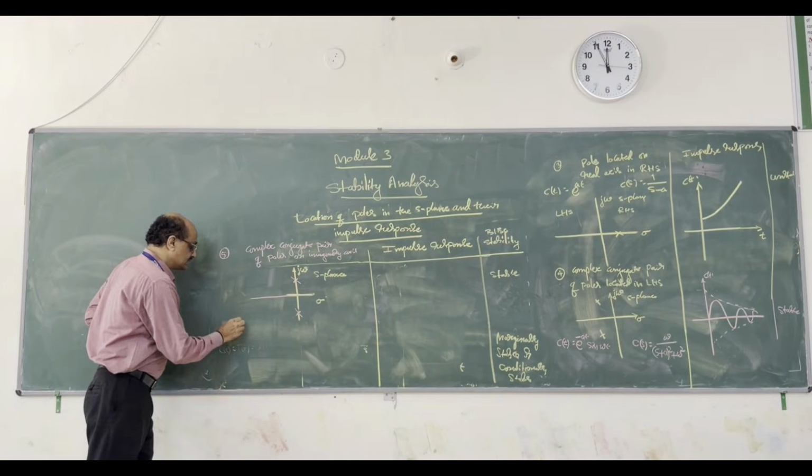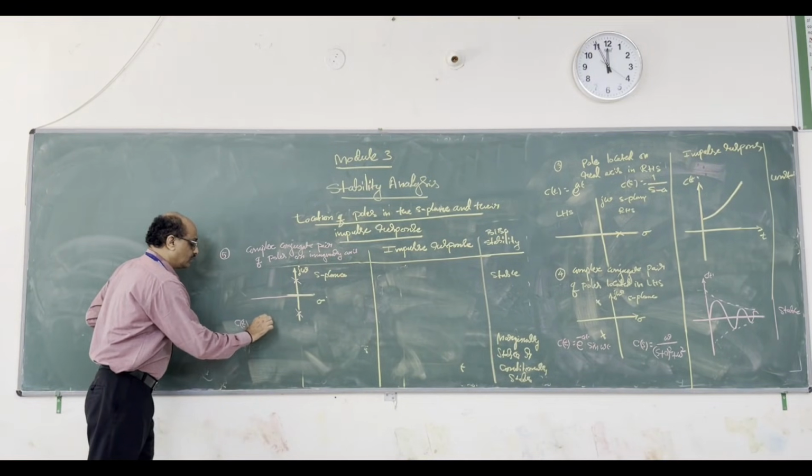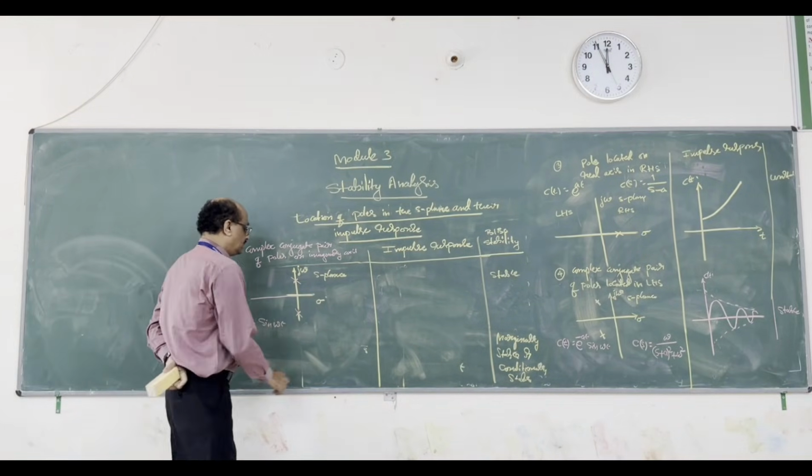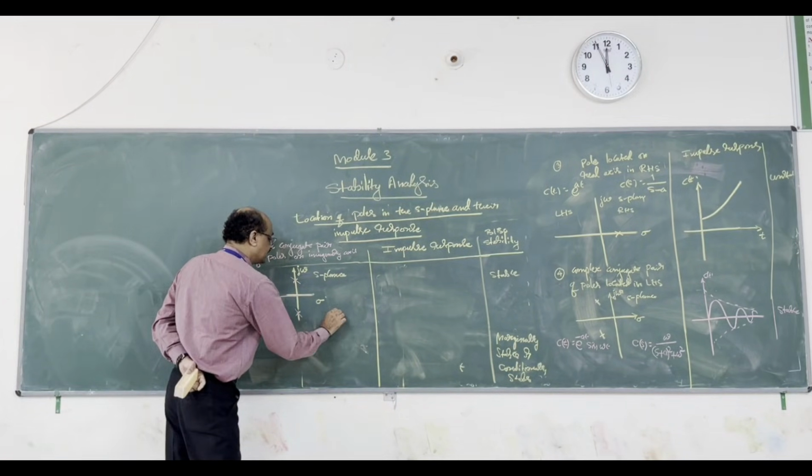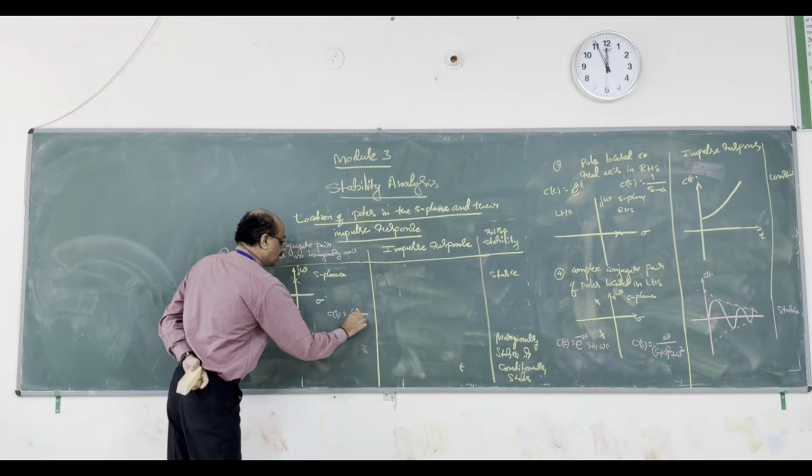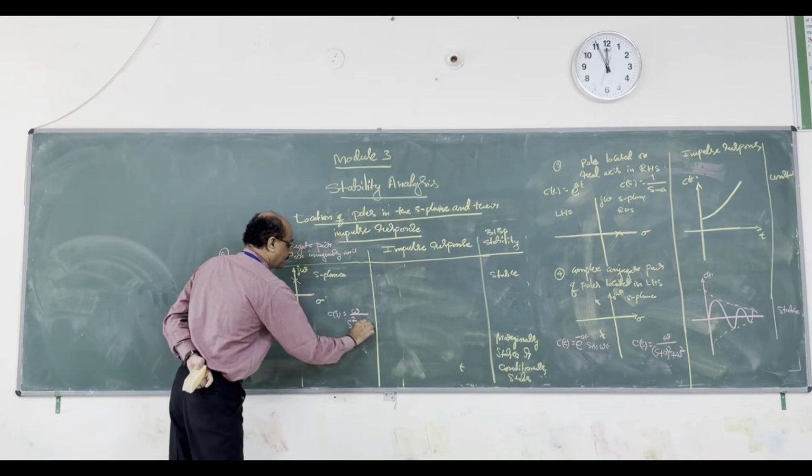So you will get c(t) equal to sin omega t, and C(s) equal to omega over s square plus omega square.